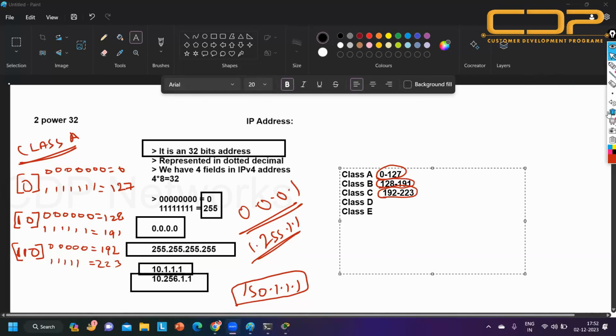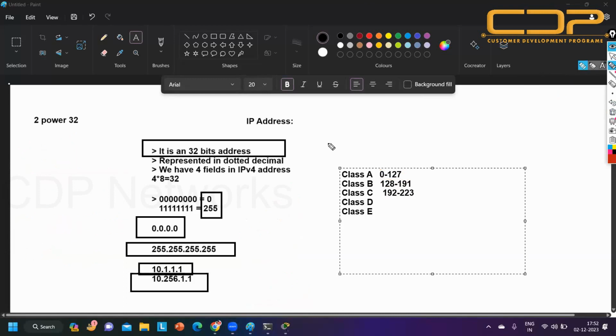Okay. Let me write one more IP address here, 192.168.10.1. Which class does this IP address belong to? Class C. Why class B, no brother. This is a class C IP address. Why?